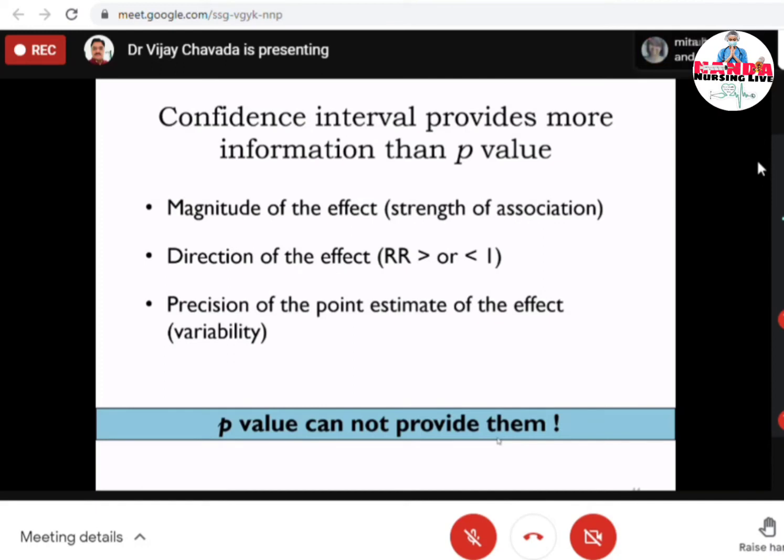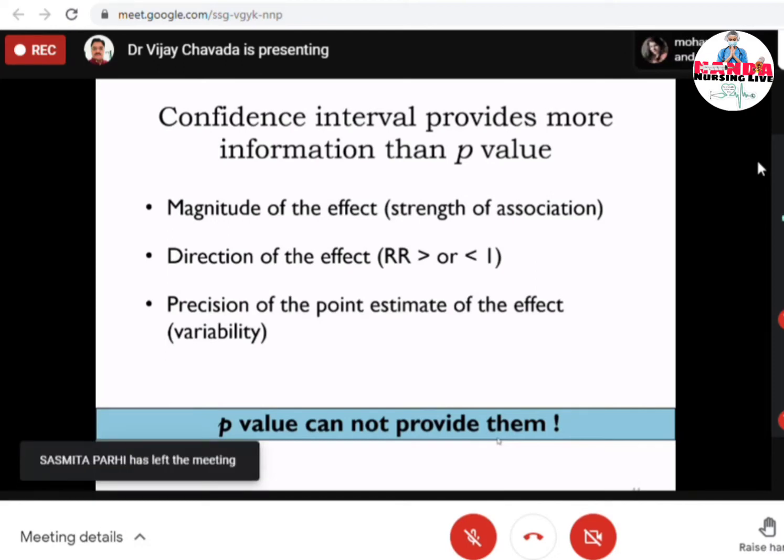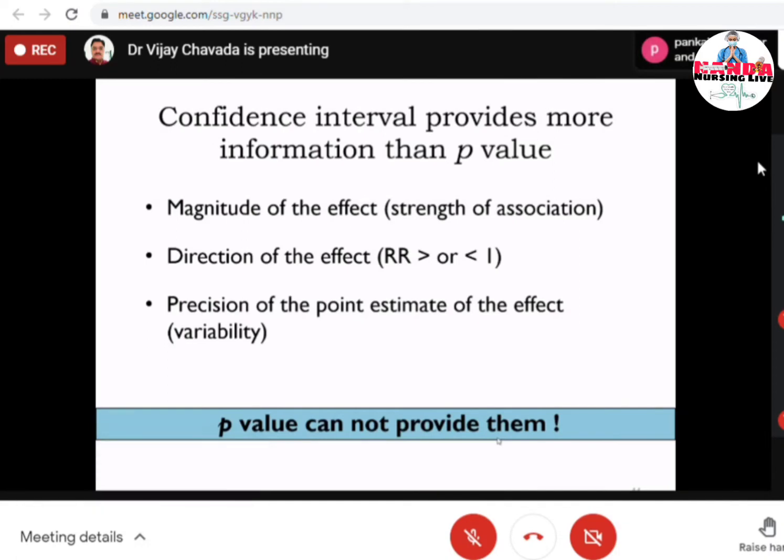Our results always include these things: the strength of our association, what the relative risk is, what the odds ratio is, and how precise our estimate is. These things are important when we discuss a very important result. An important result cannot be mere percentages, proportions or averages; they are not enough.